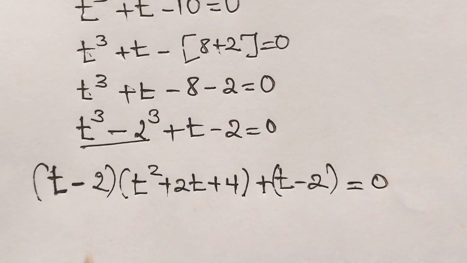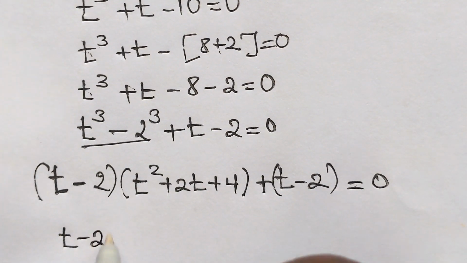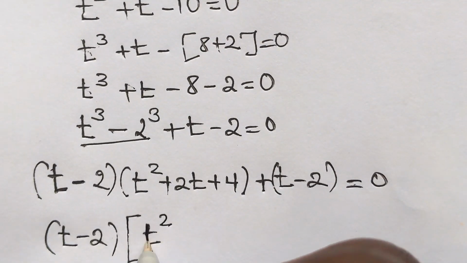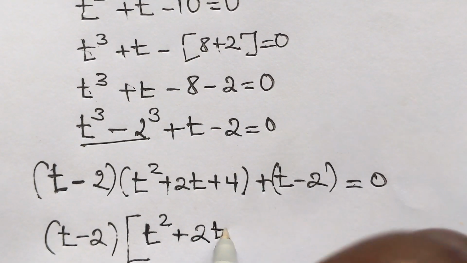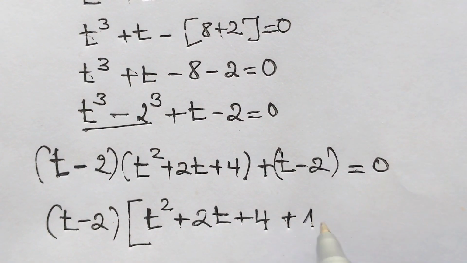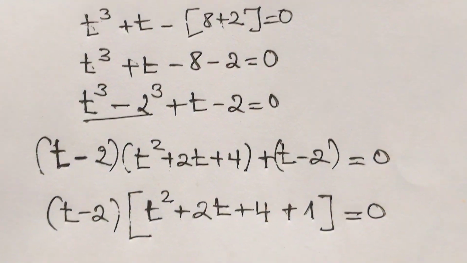At this stage we have t minus 2 as common. We shall factorize t minus 2, then open bracket of t squared plus 2t plus 4, then plus 1 from this one, then close bracket equals 0.